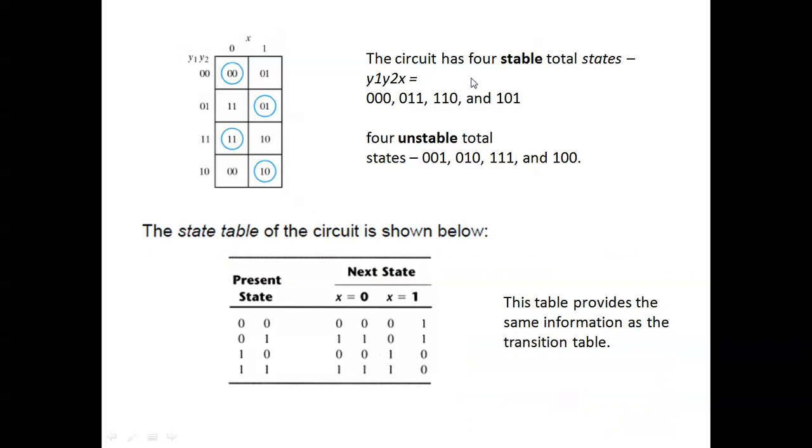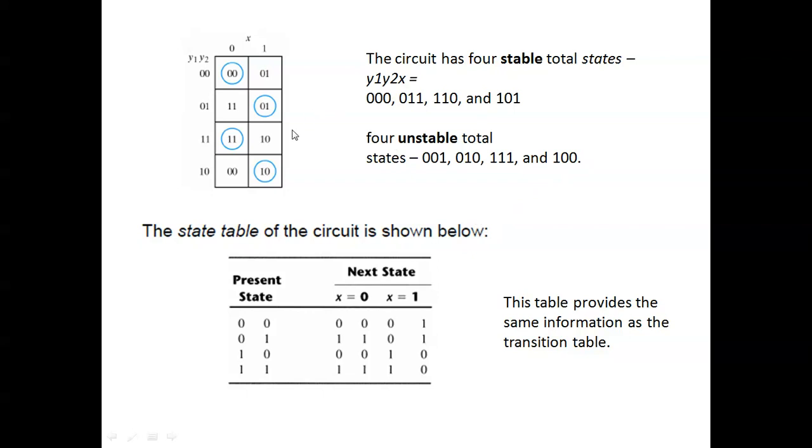The circuit has four stable states, 0 0, 0 1, 1 1 and 1 0, marked with circles, written using the map. The other entries are unstable states. For the K map, they write the state values.